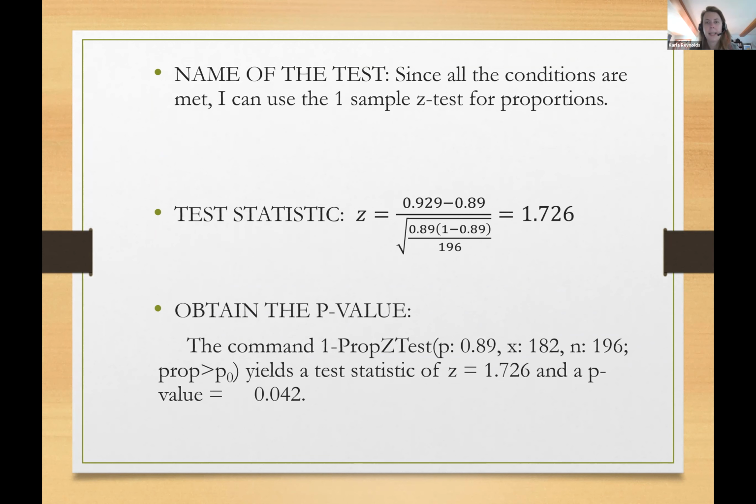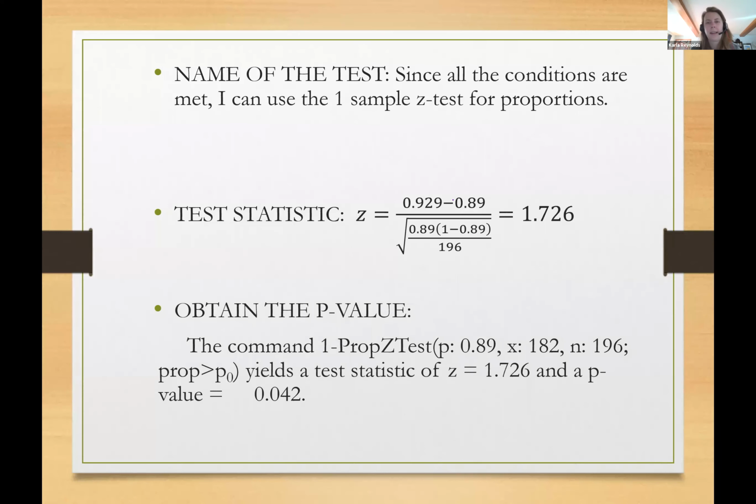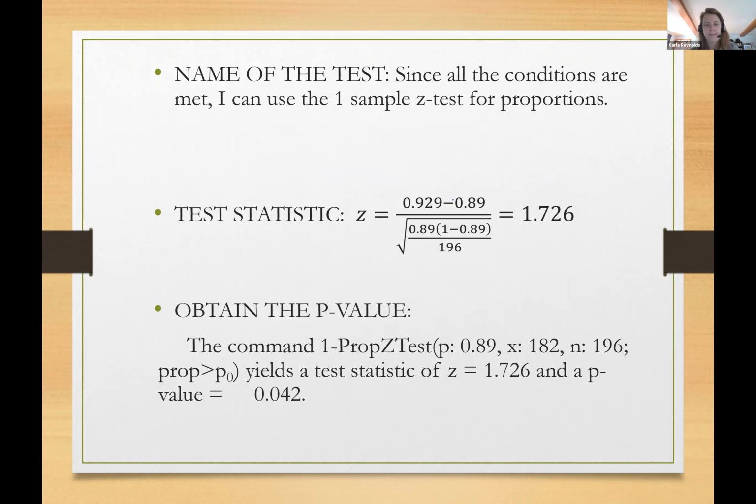And then if we put in our values, we got 0.929, the proportion from the question, where it was 182 over 196. And you do all that out, you get 1.726. And then we get the p-value from the calculator, and it comes out to 0.042, which is less than alpha.